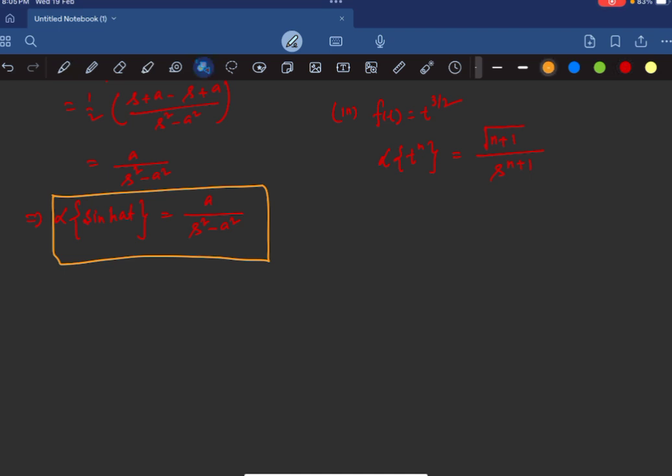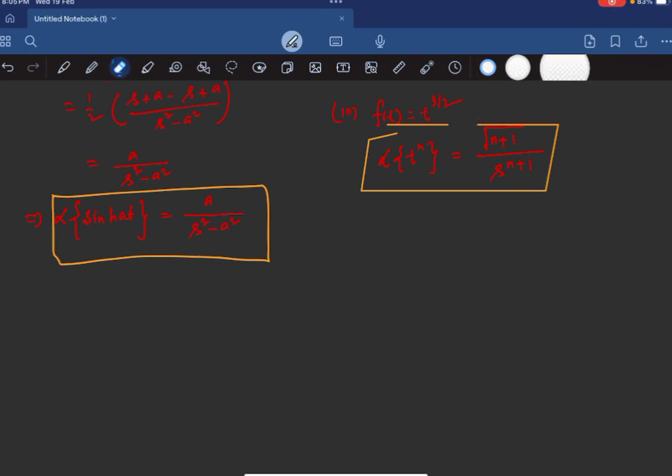Now we can apply this formula here: the Laplace transform of t power 3 by 2 is gamma of 3 by 2 plus 1 by s power 3 by 2 plus 1. You know one formula, that gamma of n plus 1 is nothing but n gamma n.